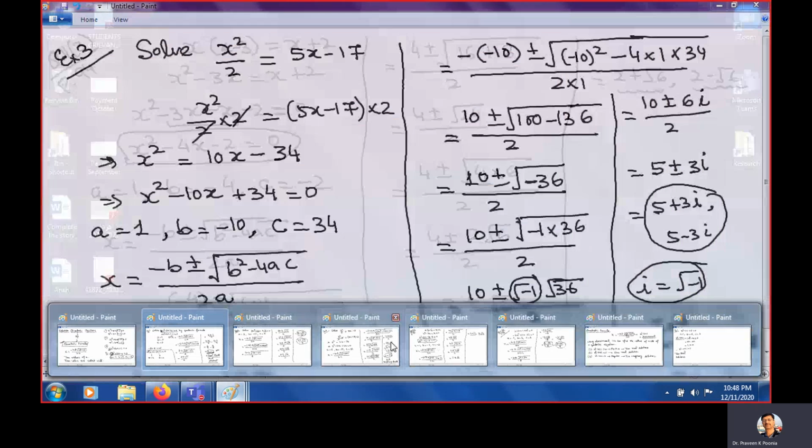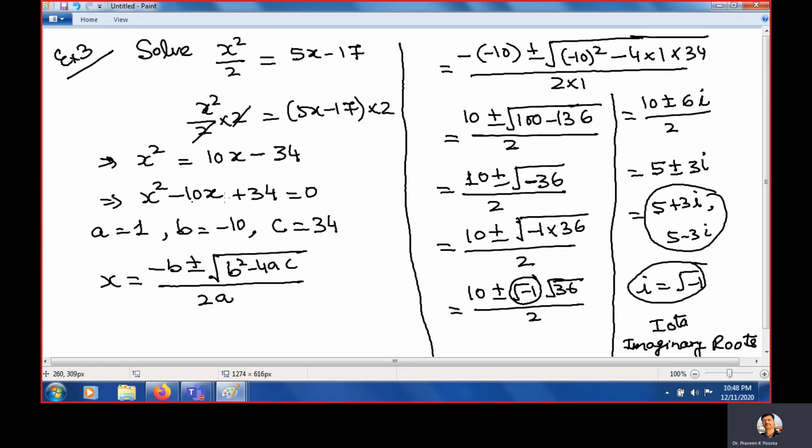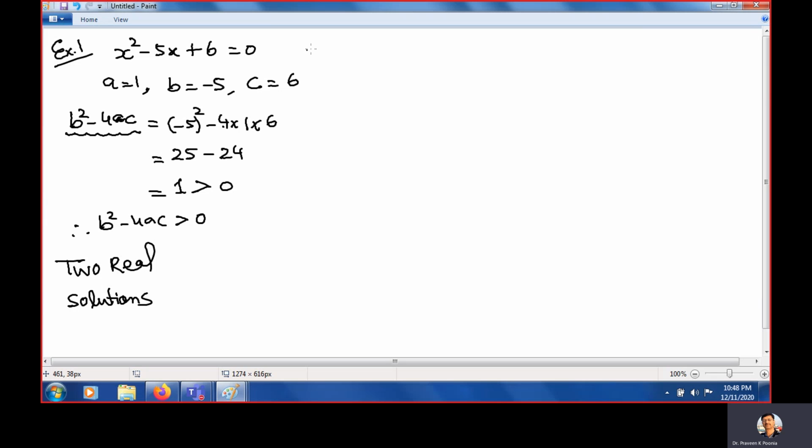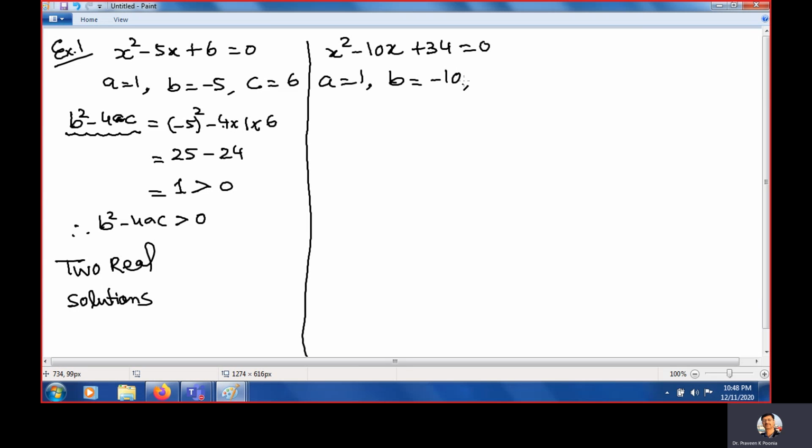Now another question we will take, the imaginary case. The question is x square minus 10x plus 34 is equal to 0. So what are the values? The value of a is 1, b is minus 10 and c is plus 34.